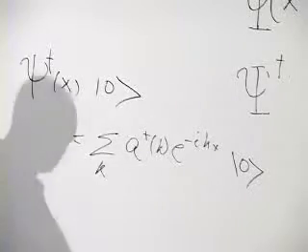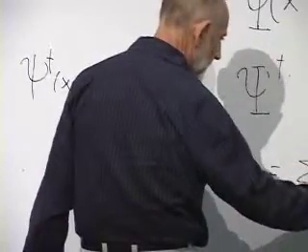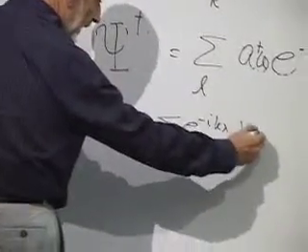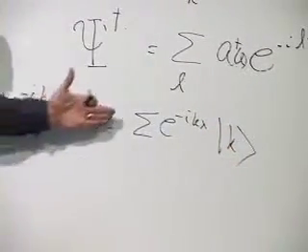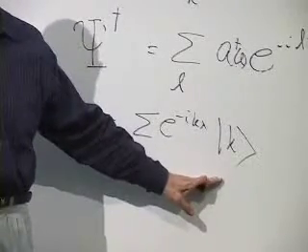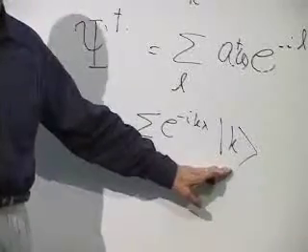All right, what does this give? This gives the sum over k, e to the minus i kx, times a state with a particle of momentum k. Obviously, equal probability for all possible momenta k in this particular case. Okay? Equal probability for all momenta k.